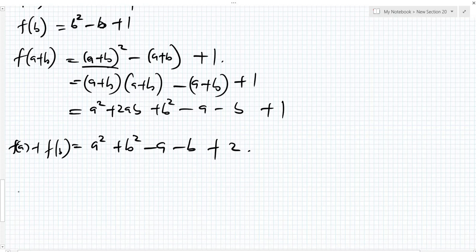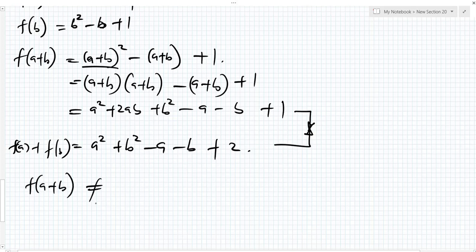So from these two expressions, it shows that f of a plus b is not equal to f of a plus f of b.